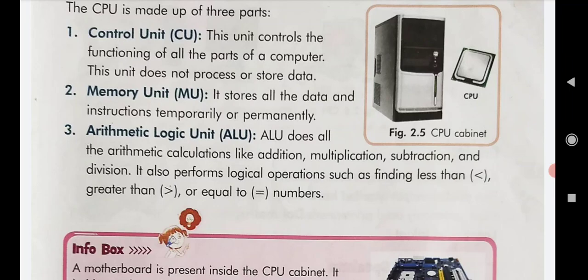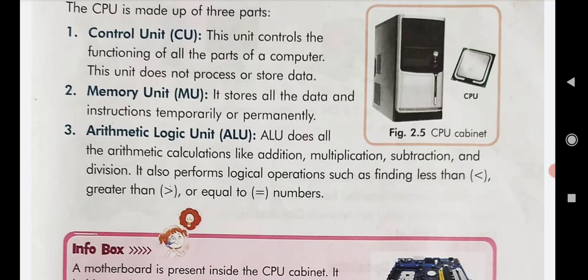First one is control unit, shortcut CU. Second is memory unit, shortcut MU. Third is arithmetic logic unit, that is ALU. Control unit controls the functions of all the parts of a computer, and memory unit stores all the data and instructions temporarily or permanently.